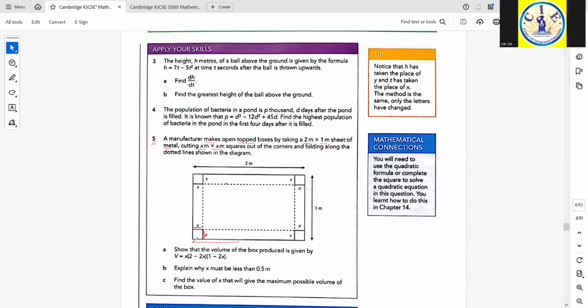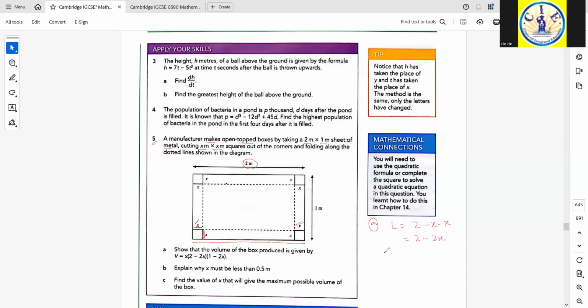The length is this one, which is 2 meters. From the 2 meters along the length, one x has been cut from this side and another from this side. So length would now be 2 minus x minus x, that would give us 2 minus 2x.